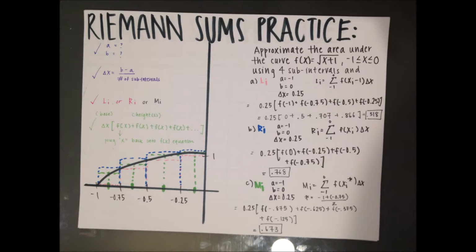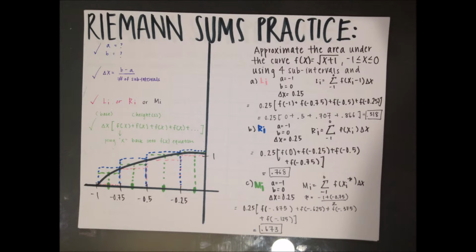But the x values you plug into f of x are different for all these approximations. For the left-hand approximation, we take values starting from the left side of the subinterval. So -1, -0.75, -0.5, and -0.25. For the right-hand approximations, we take values starting from the right side of the subinterval. So -0.75, -0.5, -0.25, and 0.